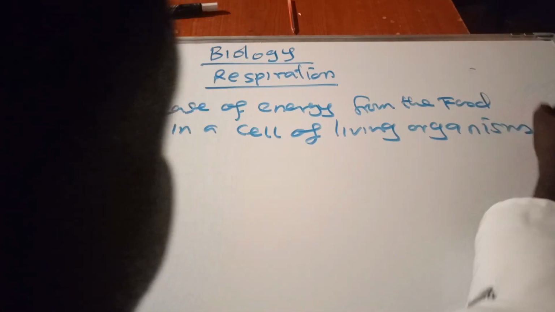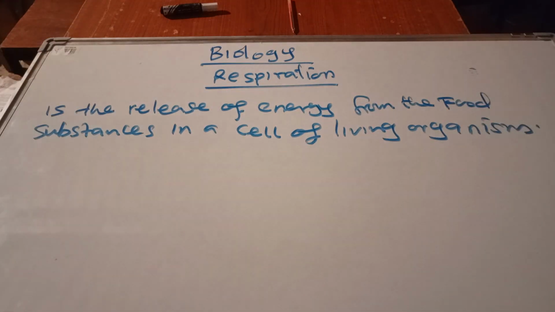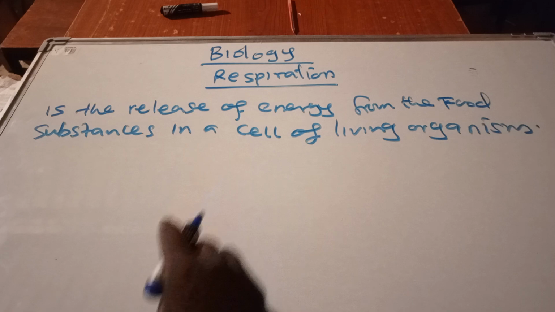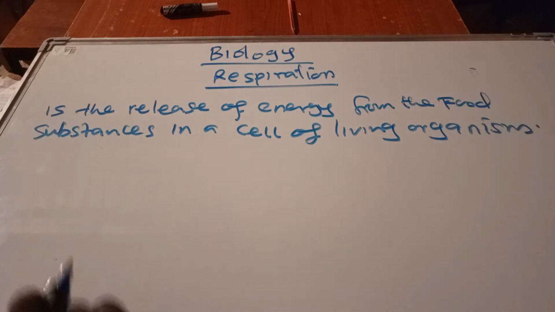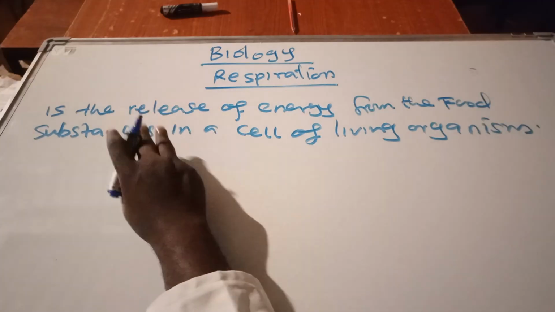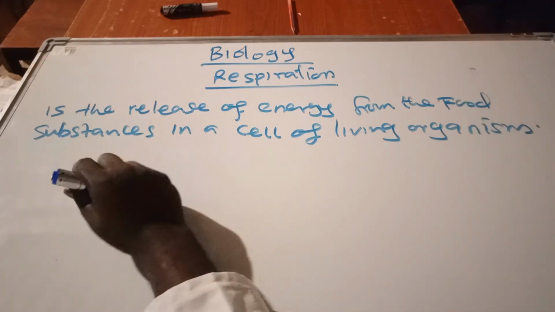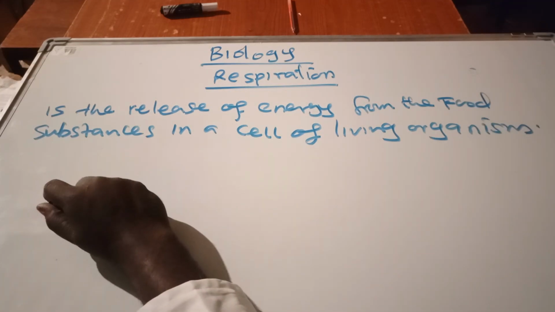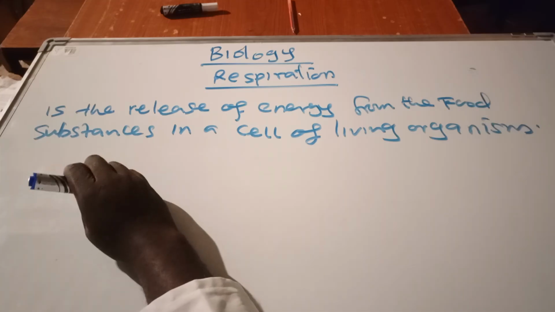So this is a definition for what? For respiration. You can say the release of energy from the food substance in a living cell. Okay, good. This is a very simple definition for respiration: the release of energy from the food substance in the cell of a living organism.